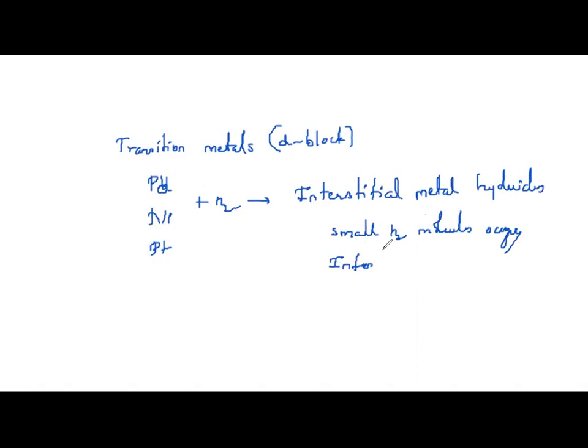Interstitial sites are nothing but gaps in the crystal lattice of these hydrides. So therefore, with the formation of interstitial hydrides, the metals absorb a large volume of hydrogen on their surface.